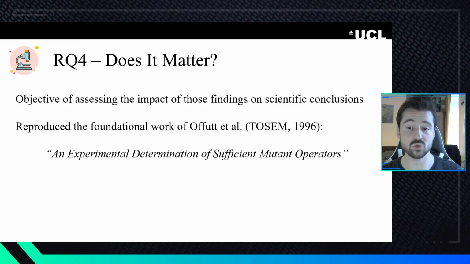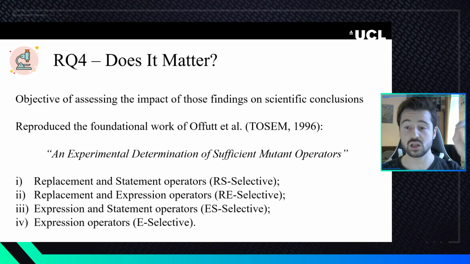In this seminal work, the authors compare the effectiveness and cost of 4 selective mutation strategies, namely RS selective, RE selective, ES selective, and E selective, each of which removing a type of mutation operator from the mutation analysis. In their work, they compare the cost of those strategies based on the number of mutants generated by each one.